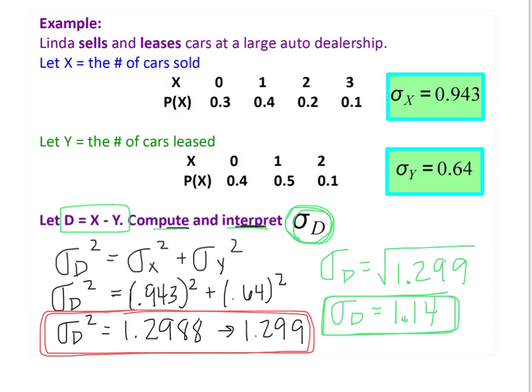So my final answer would be 1.14. That's the standard deviation, or the spread of my distribution. So just to recap, I found the variance first. The square root of my variance is my standard deviation.